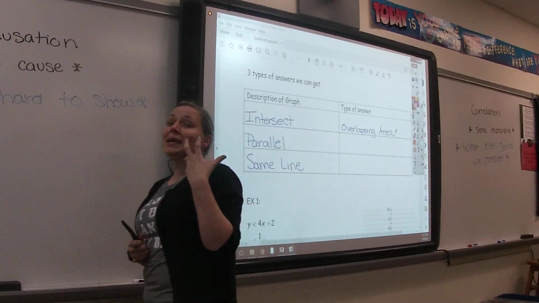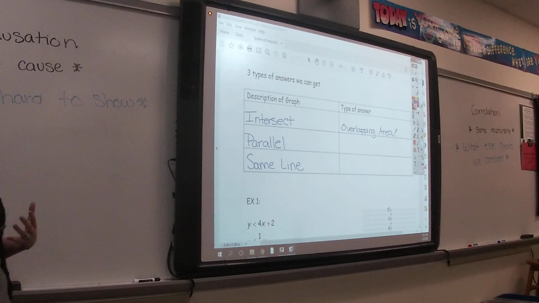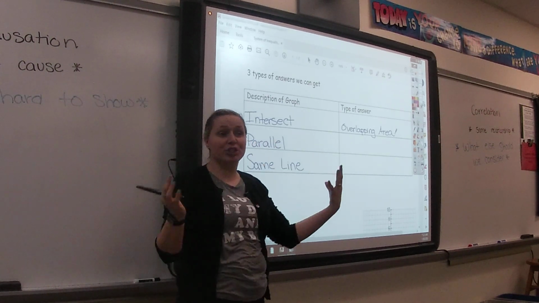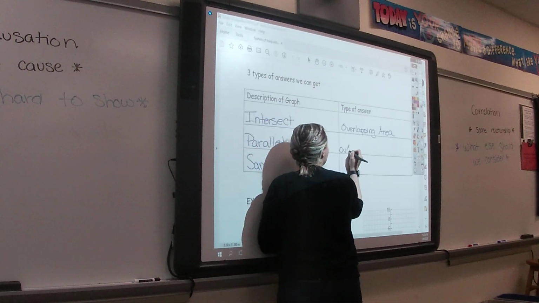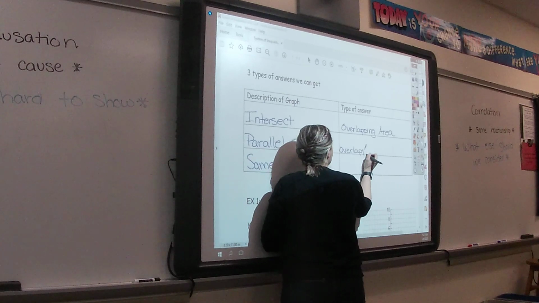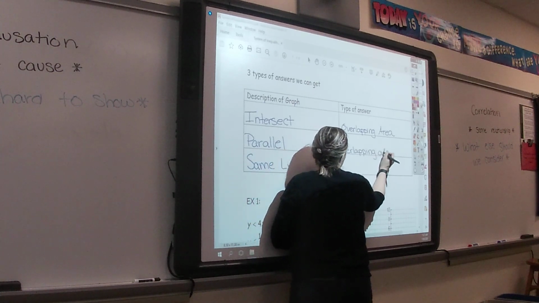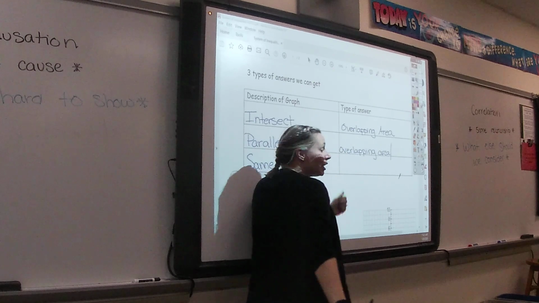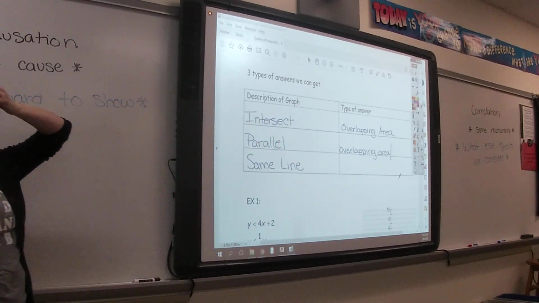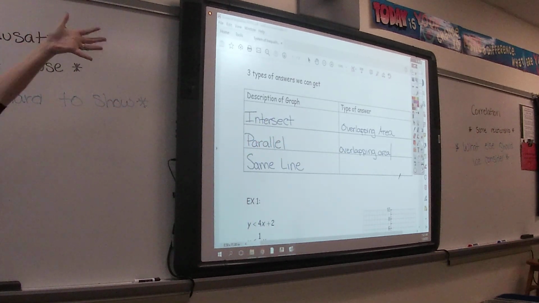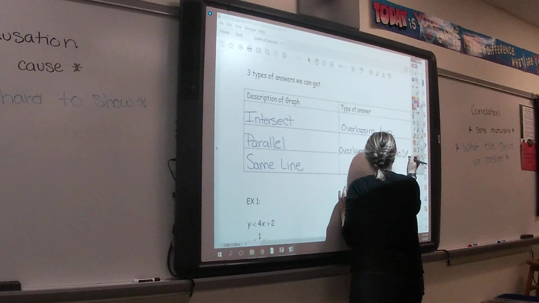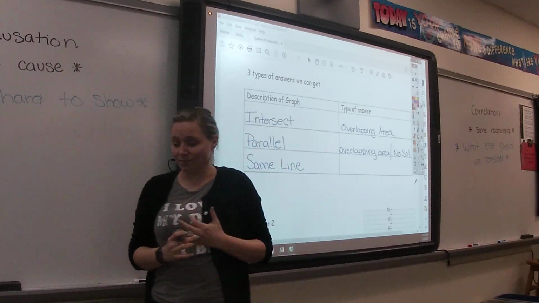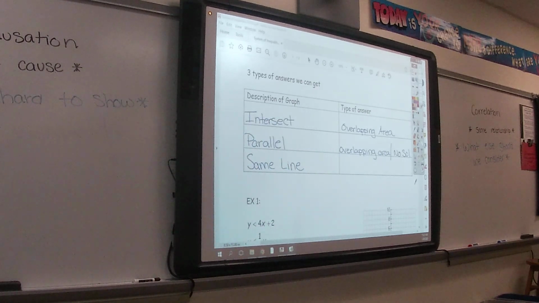When we graph and we get parallel lines, it's possible now that because we have these shaded areas happening, we will still have an overlapping area. But it's also possible that there's no overlapping area and that we might get a no solution. Okay, so now when we get parallel lines, we have to choose between two choices.